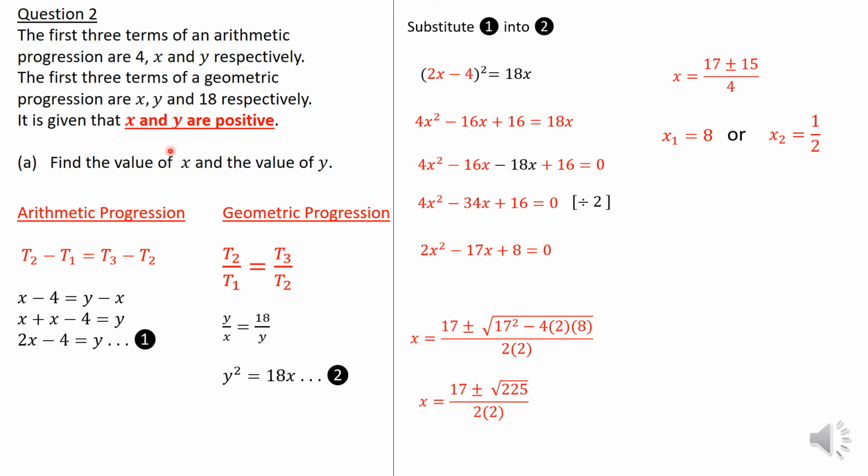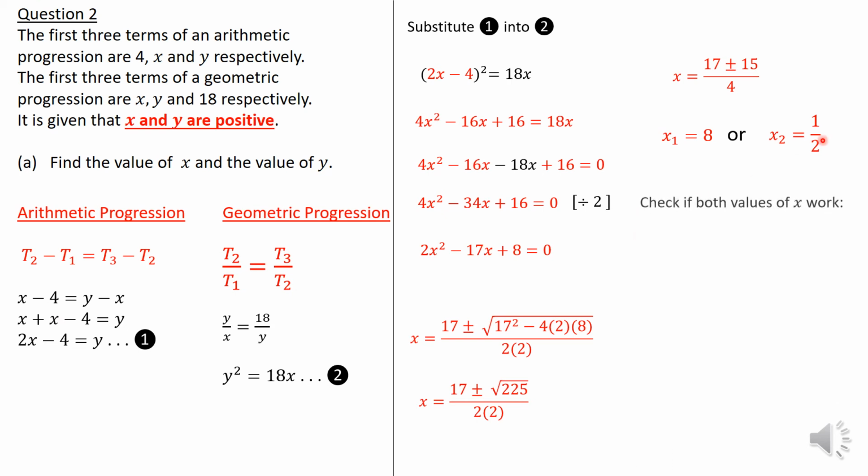Now the question says that x and y should be positive. Looking at this answer, you realize that the x values are both positive. But in order to see whether you have to reject one or the other, it's best to substitute into the formula y equals 2x minus 4 to see the subsequent values of y.